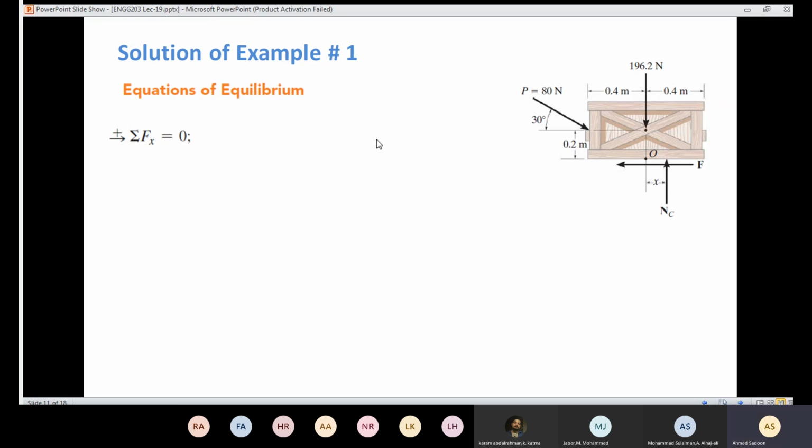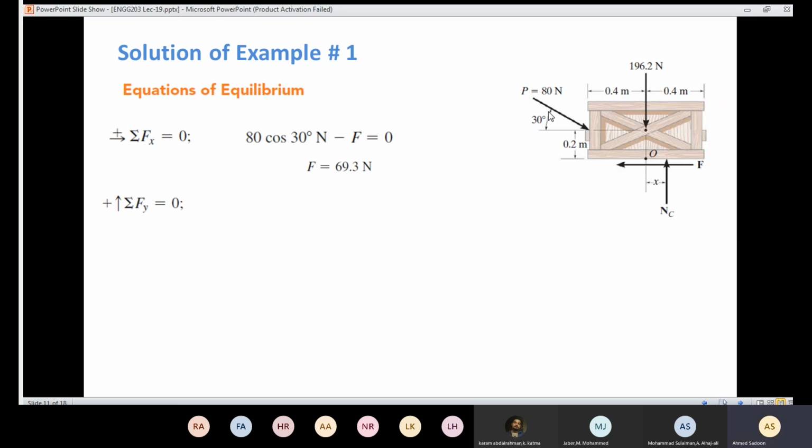In x, according to the sign convention, that force is positive and the frictional force is negative. So here we have 80 cosine 30 minus F, the frictional force, equals 0. Now I have one equation, one unknown. I can easily find the value of the friction. So when I apply that force, I have friction equal 69.3 newtons.